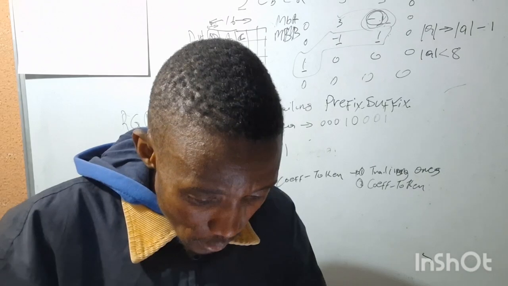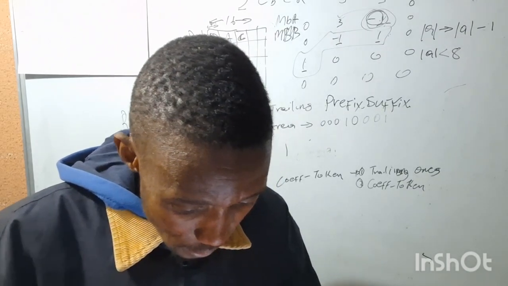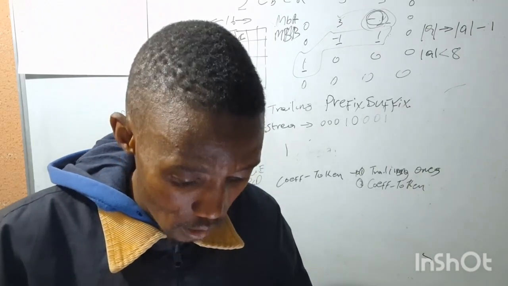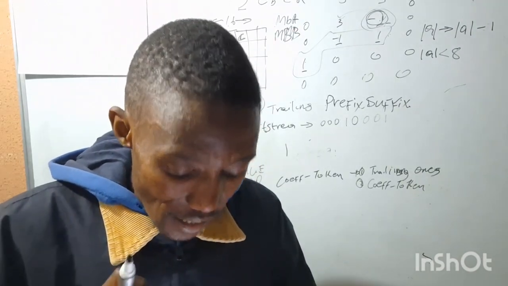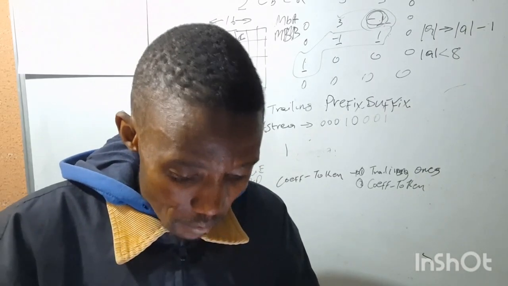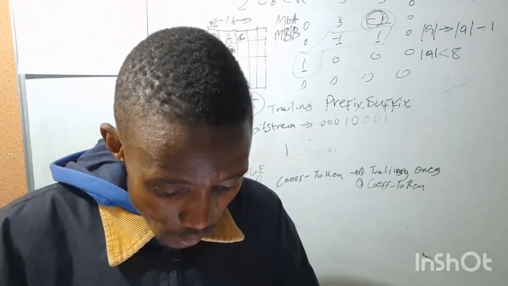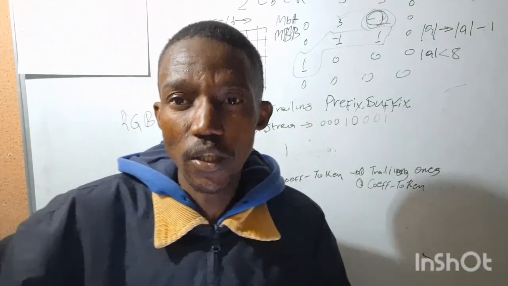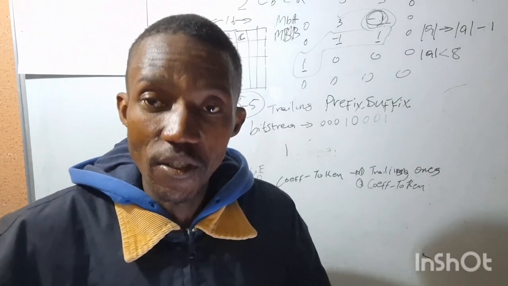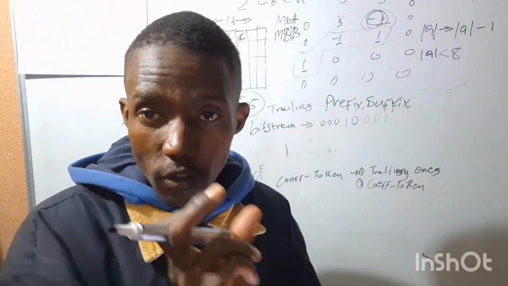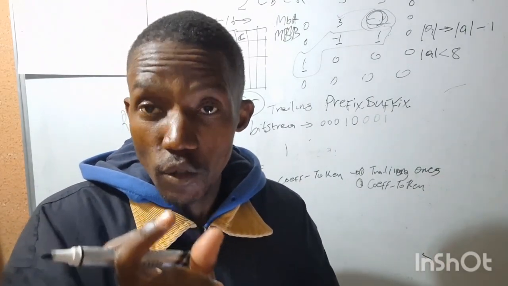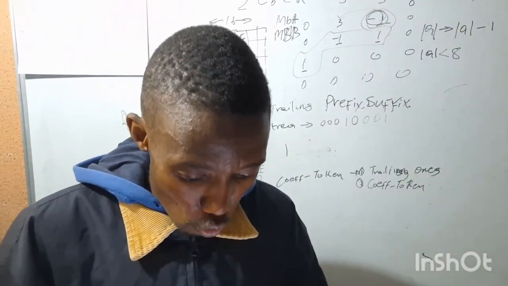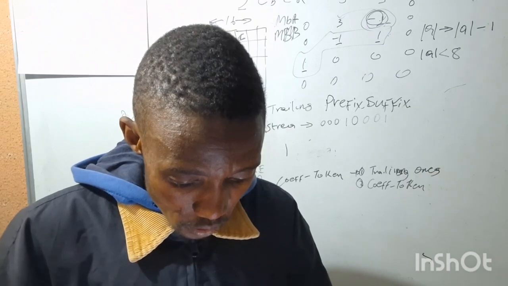Now listen, that is not step number 3, it's actually sub-step number 1 of step number 2. If the absolute value of a is less than 8, there is no suffix. So it tells you that we don't have a suffix if the absolute value of the level that you are trying to encode is less than 8. There is no suffix, right?